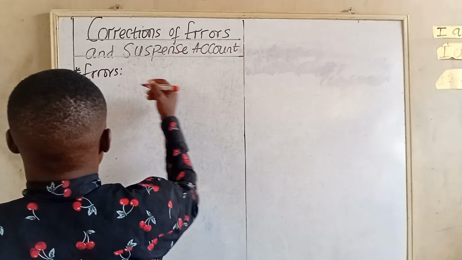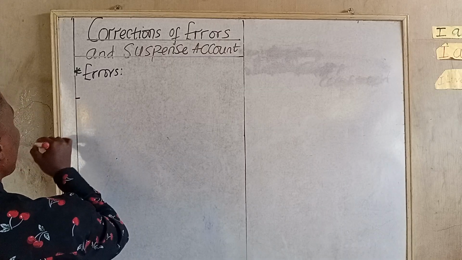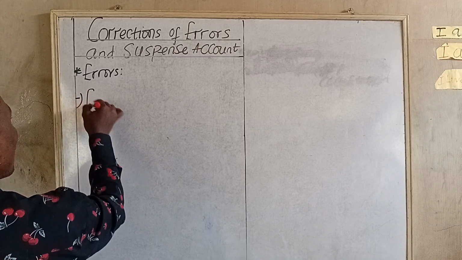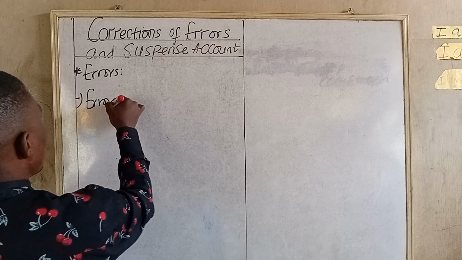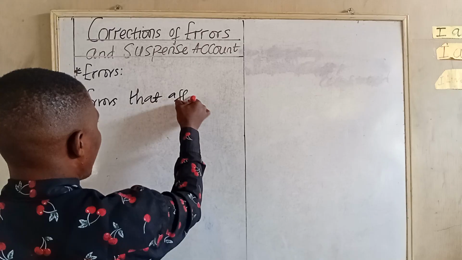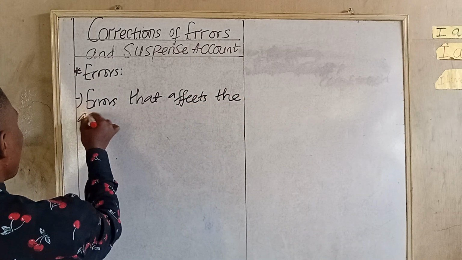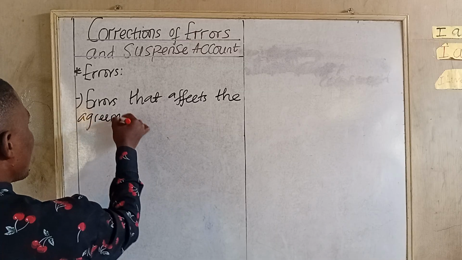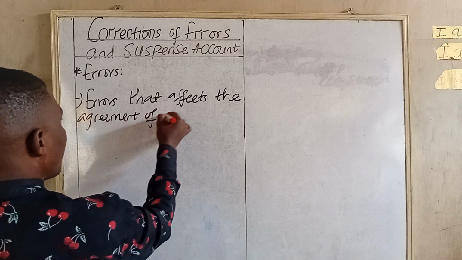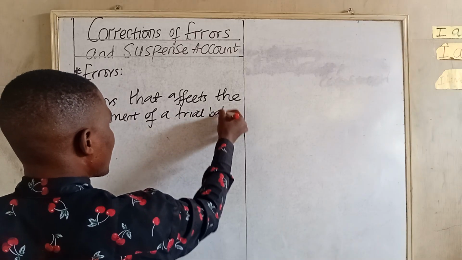So we are going to be looking at, number one, errors that affect the agreement of a trial balance.